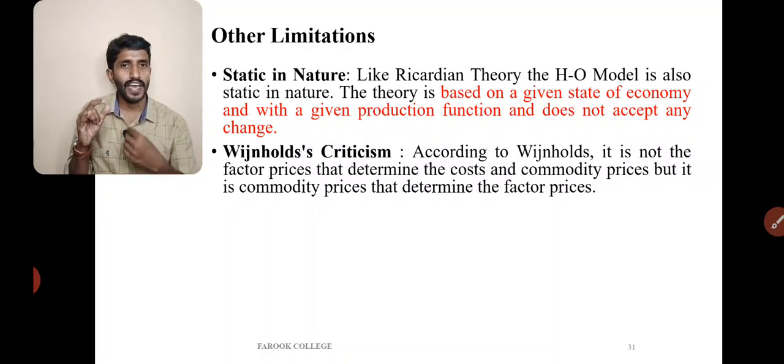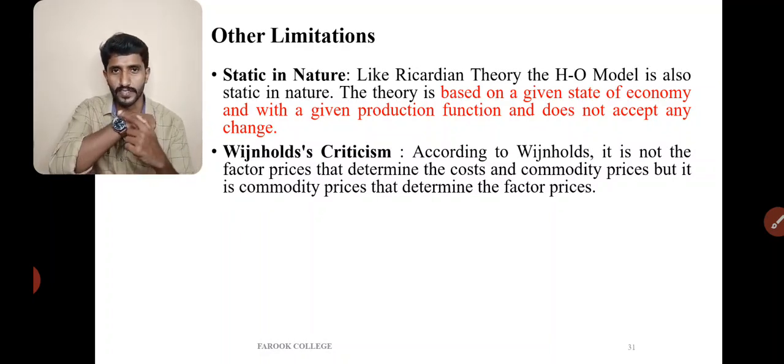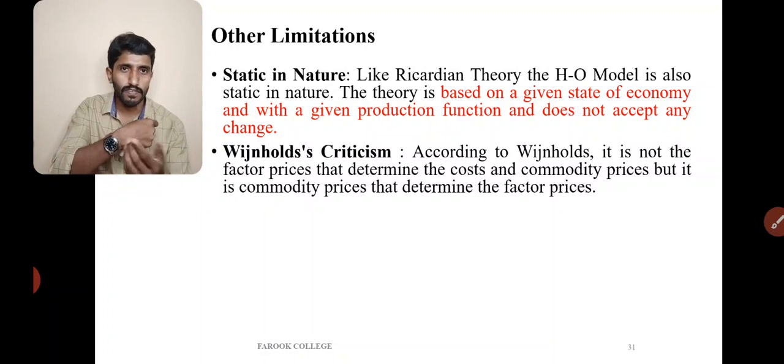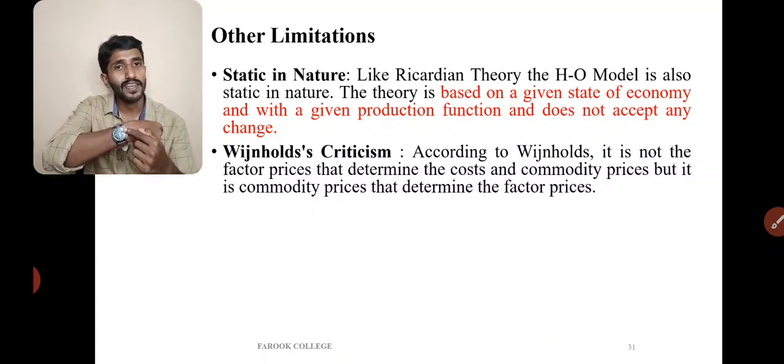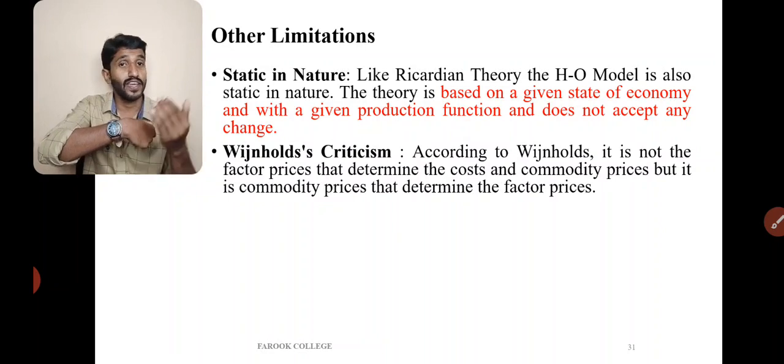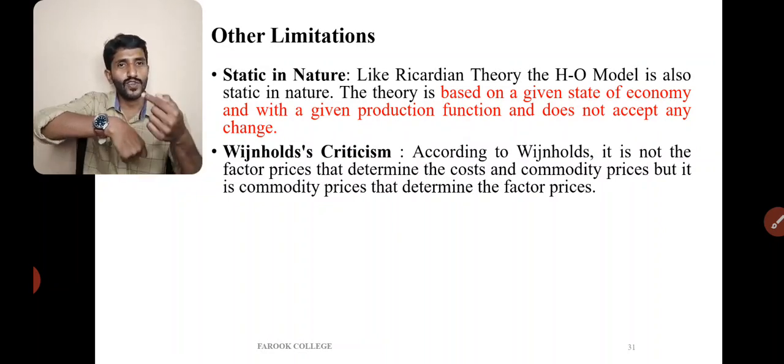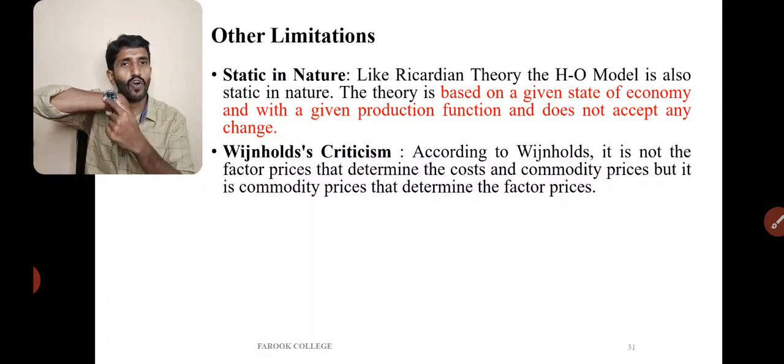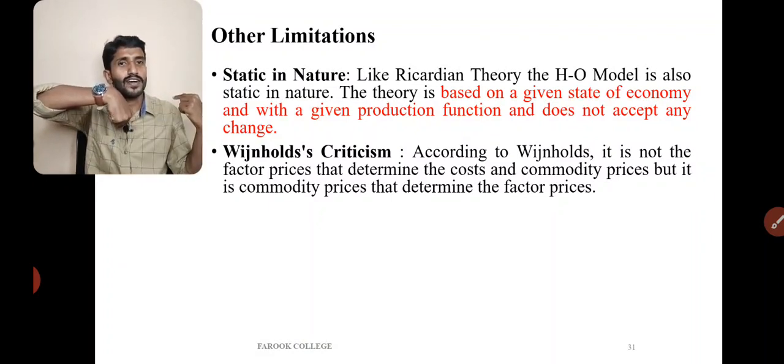Suppose we have one watch. If this watch is priced very high, it is 5,000 rupees or 3,000 rupees, then automatically the laborers who produce this watch, their return also will be high, the wages will be high. So according to Wijnholds, the connection is coming from watch to the laborers.